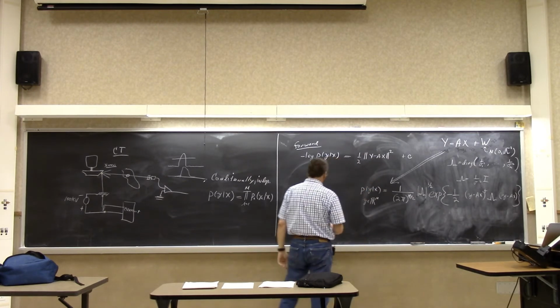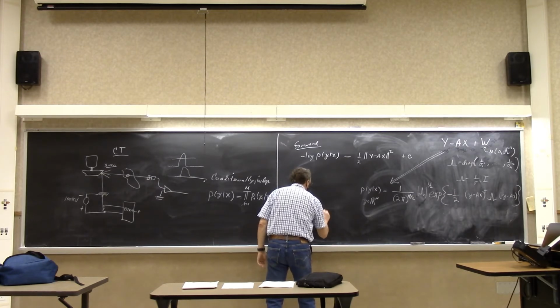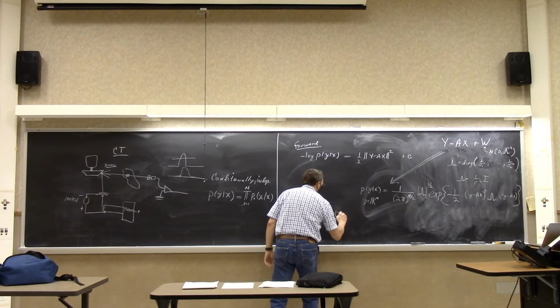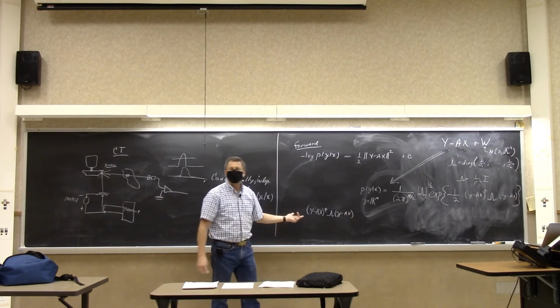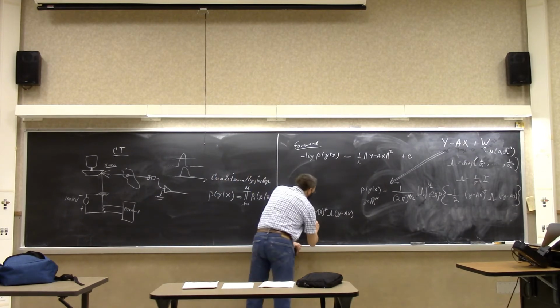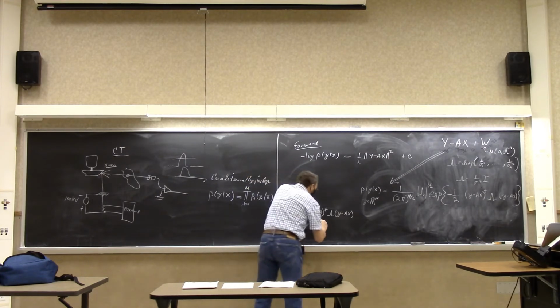If I take (y minus Ax) transpose times lambda times (y minus Ax), that's a lot to keep writing, and I have to write y minus Ax more times than I'd please. So I have a shorthand notation for that.